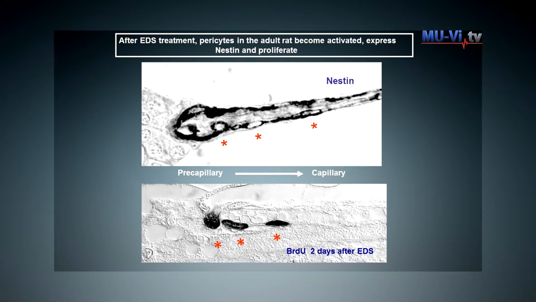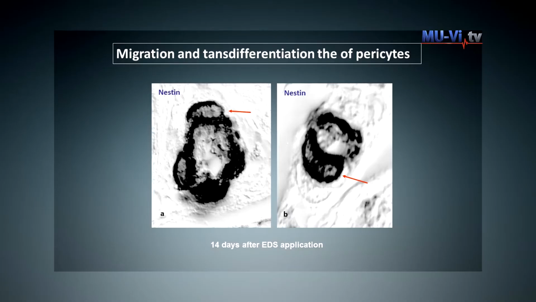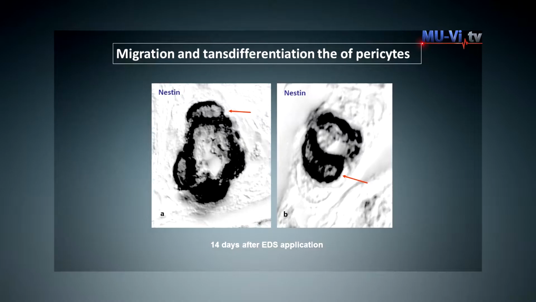And the same cells, as you can see, divide very actively, and they build a large number of new cells, which migrate into the neighboring connective tissue between the tubuli. You can see that from one capillary, here are the pericytes, cells divide and migrate and build different large globules.